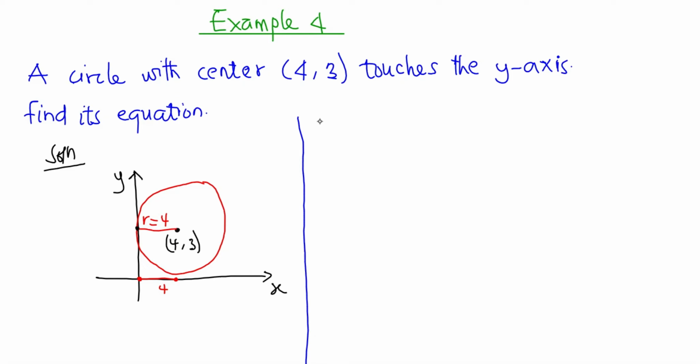So it implies that this circle has its center a, b, which is equal to 4, 3. And from what we drew, we can see that our r is equal to 4.